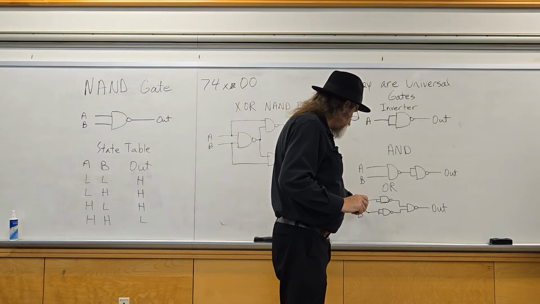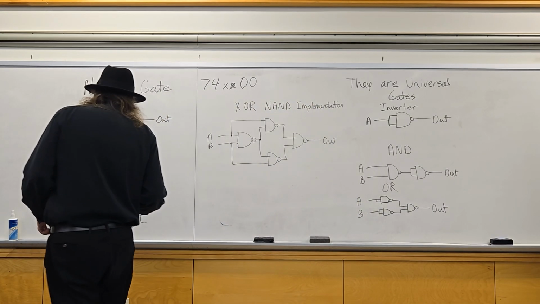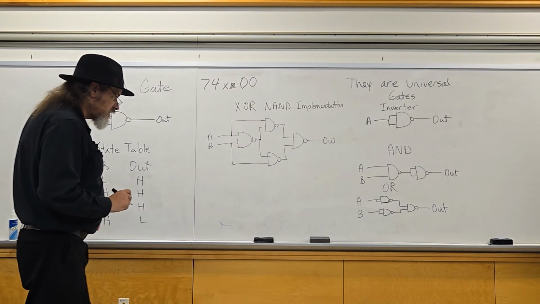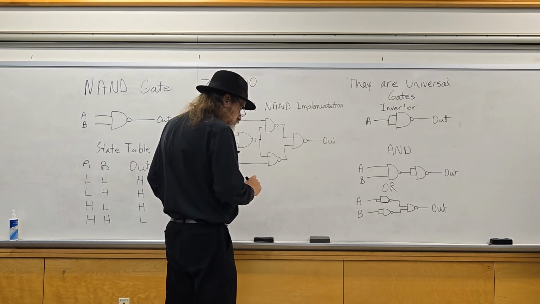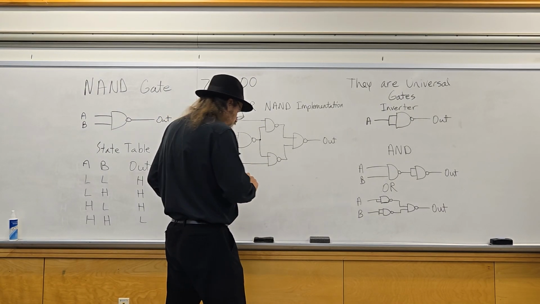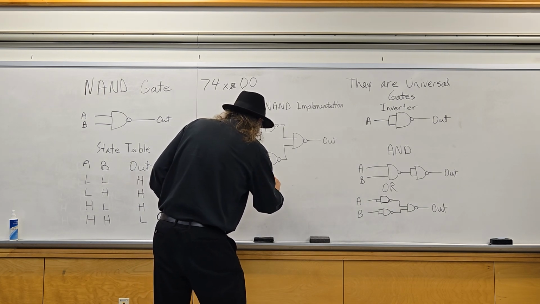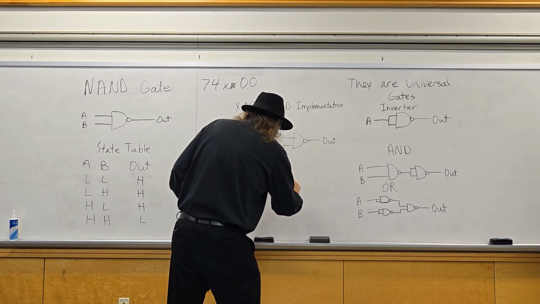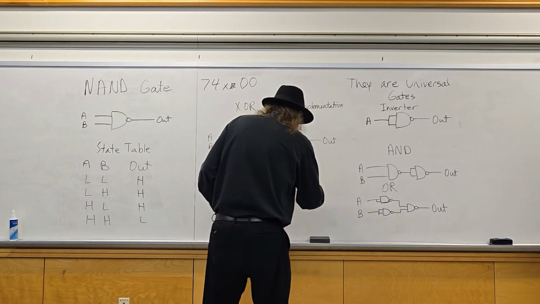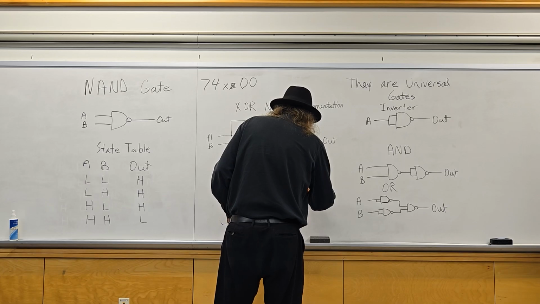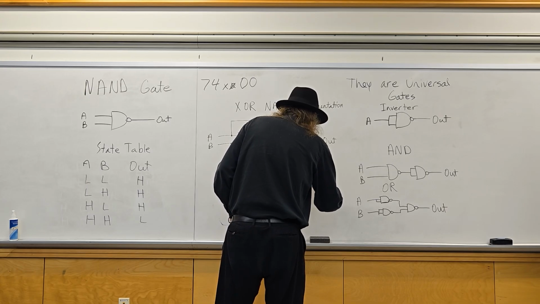Oh, an OR gate? Well, let's look at the state table. All right. So you have A and B, and then you have A prime, and then B prime, and then you have the A prime NANDed with B prime.